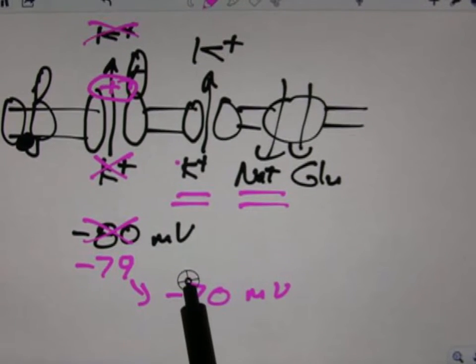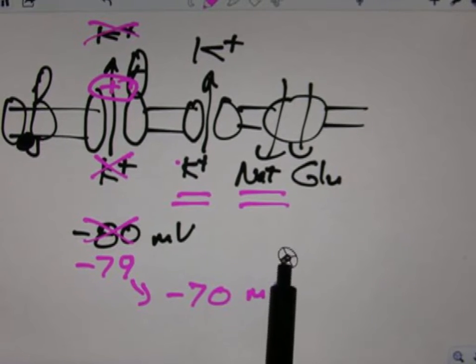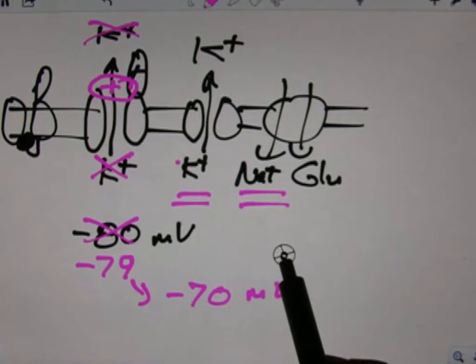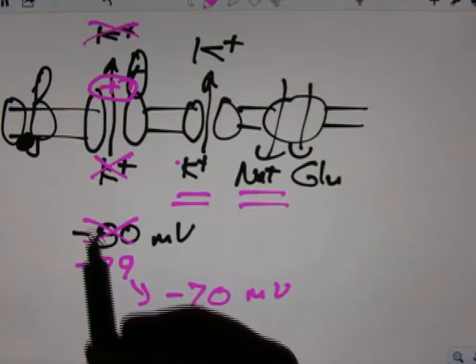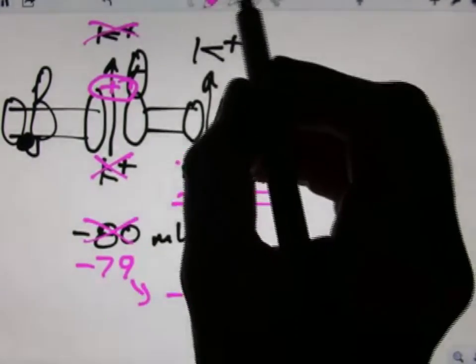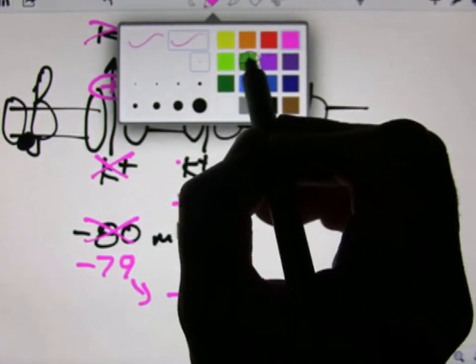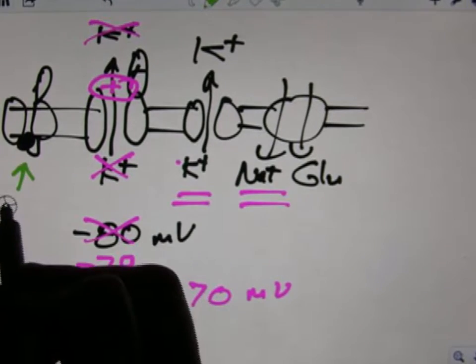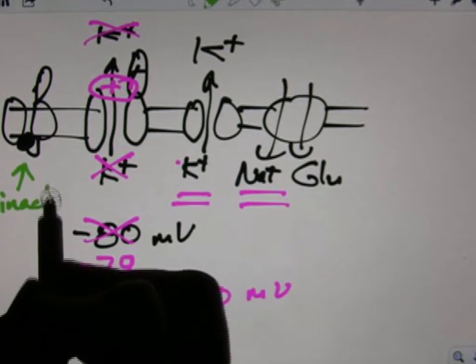At this point in an action potential, we're in what's called the refractory period. We're back to -70, but we can't get a new action potential because these inactivation gates are closed.